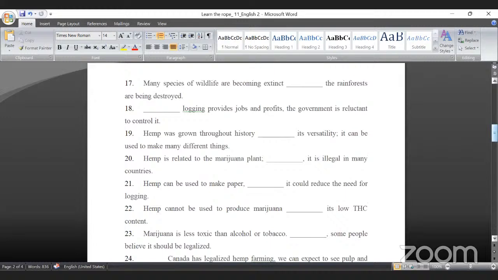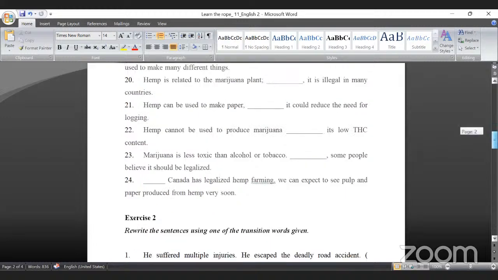Okay, 22nd one. Hemp cannot be used to produce marijuana, dash, its low THC content. Reasoning. Due to or because of, any of these can go. 23rd, marijuana is less toxic than alcohol or tobacco, dash, and there's a comma, some people believe it should be legalized.